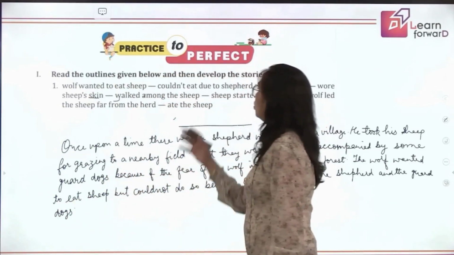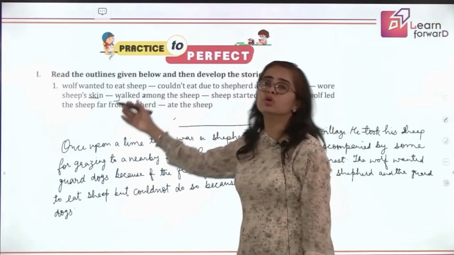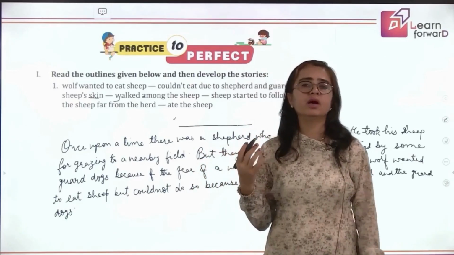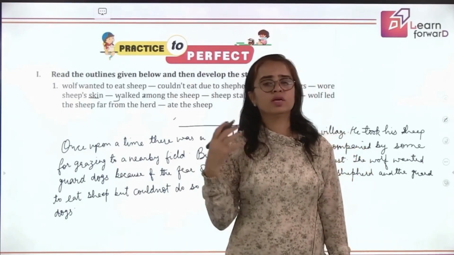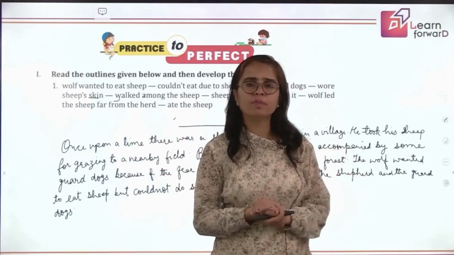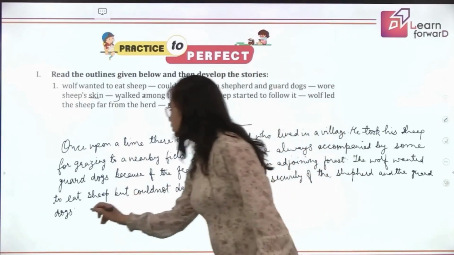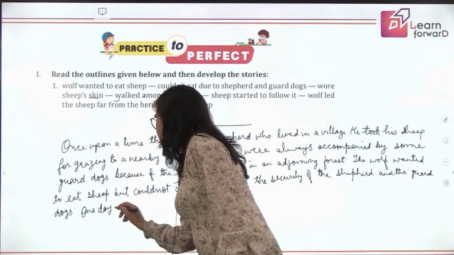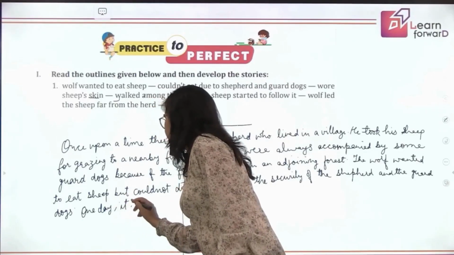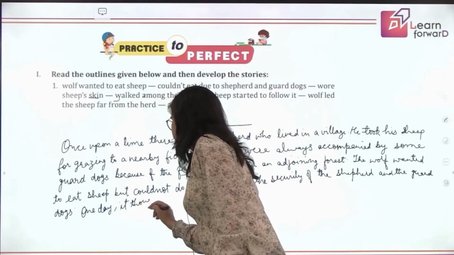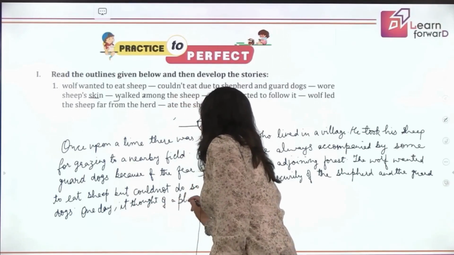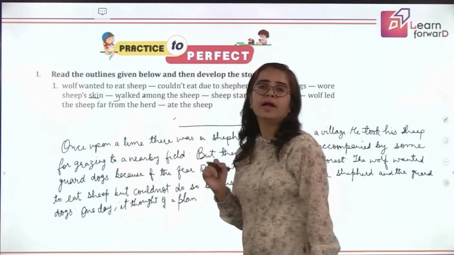Right? Now going ahead, they are talking about wore sheep's skin. So how can you just correlate this wearing of the sheep's skin? You can say that one day it just thought of a plan, and what was the plan?